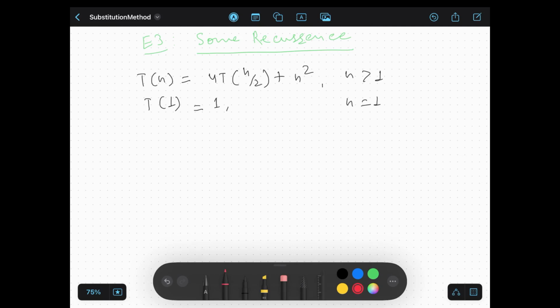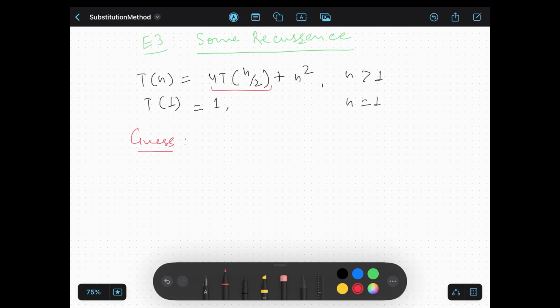So our first step is to guess. Now, from our previous experience, this looks like the recurrence or the recursive call of merge sort.